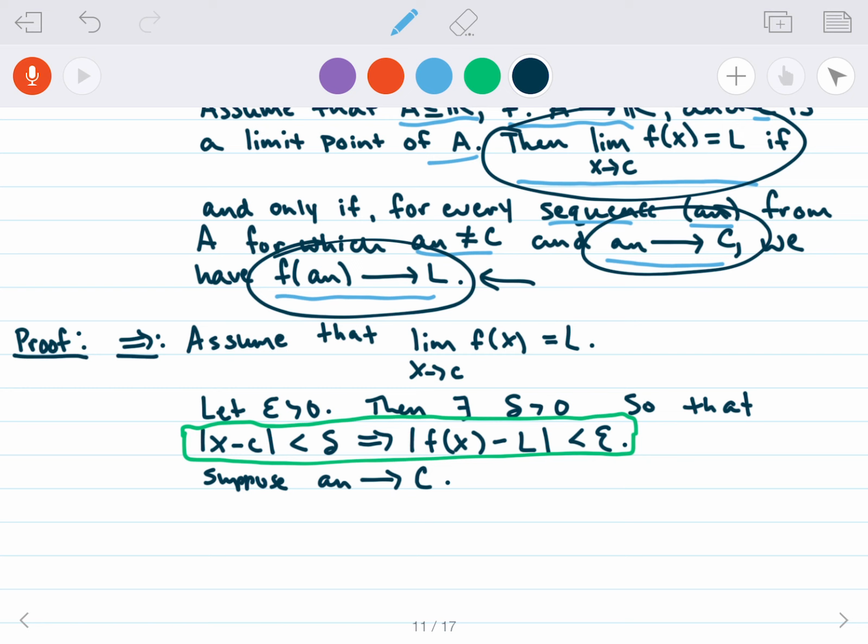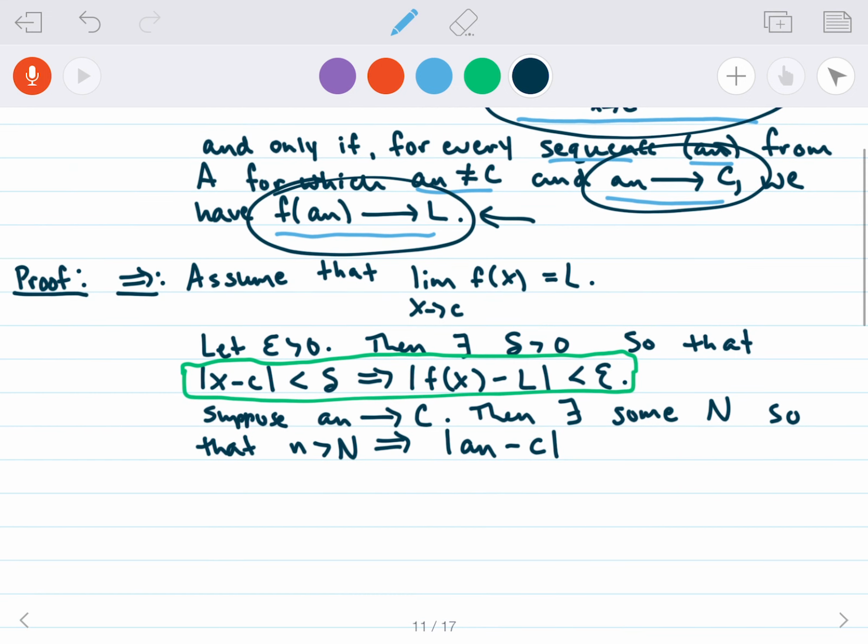Well, what does that mean? What does it mean for a sequence to converge to a number? That means by definition of sequences converging, there exists some N in the naturals so that when you go far enough out in your sequence, when n is bigger than capital N, this implies that |a_n − c| is going to be less than, well, usually less than epsilon, but remember, we can choose epsilon to be anything we want.